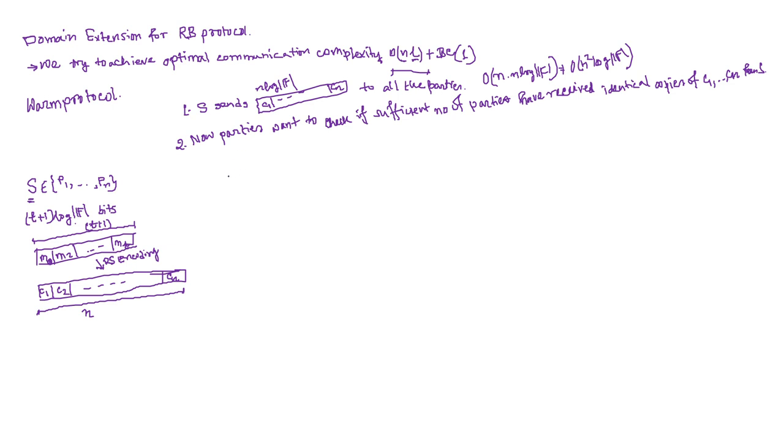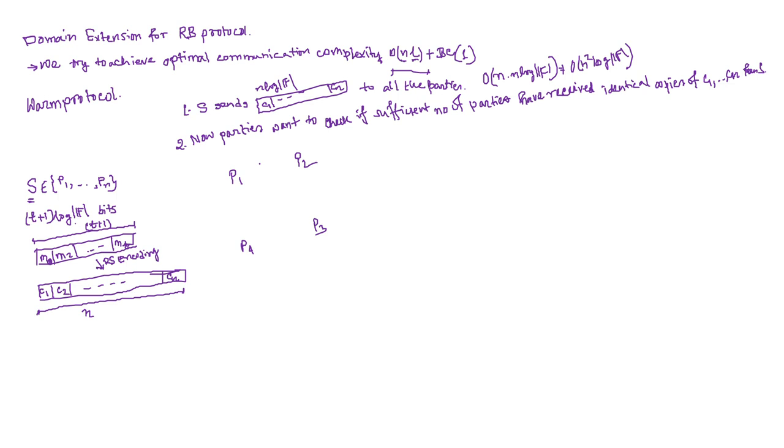Why? Let's say there are 4 parties, okay? Taking an example, there are 4 parties. Each pair of parties among them will try to make sure that they have the same code word values C1 to Cn.